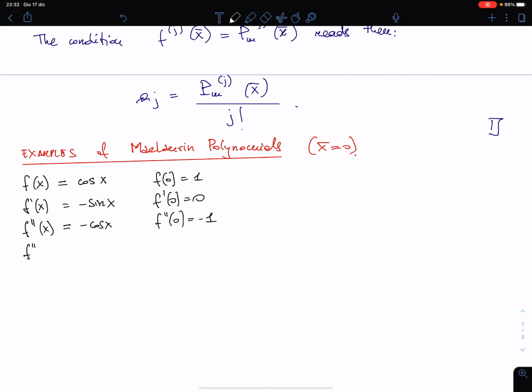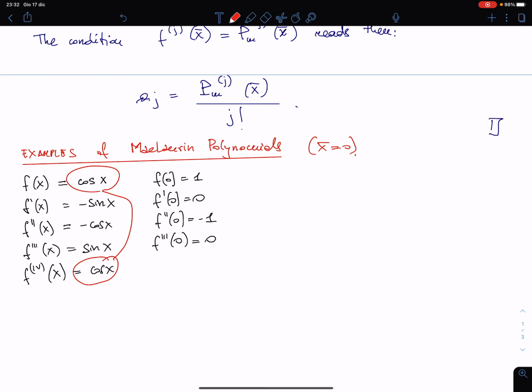F third of x is equal to sine of x, so f third of 0 equals 0, and f fourth of x is equal to cosine of x. So you see that after 4 iterations of the derivative, they repeat, and also the coefficients repeat.